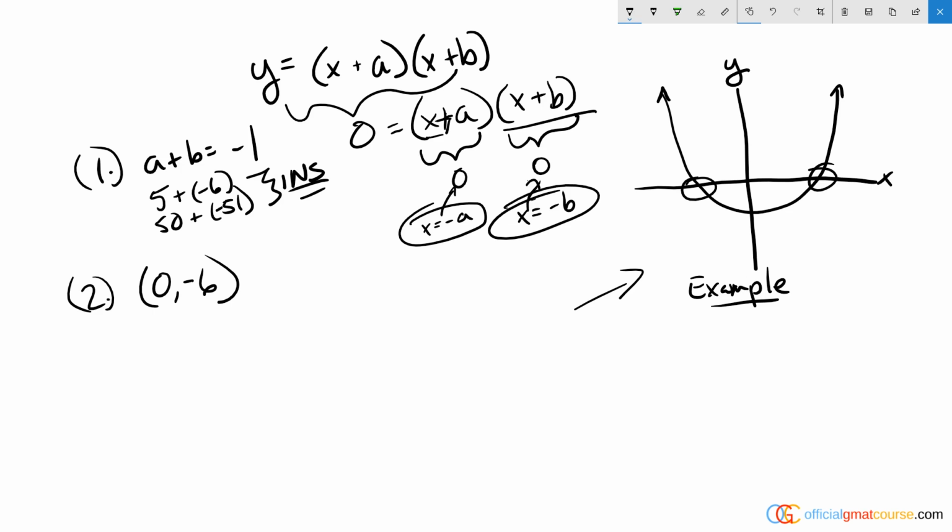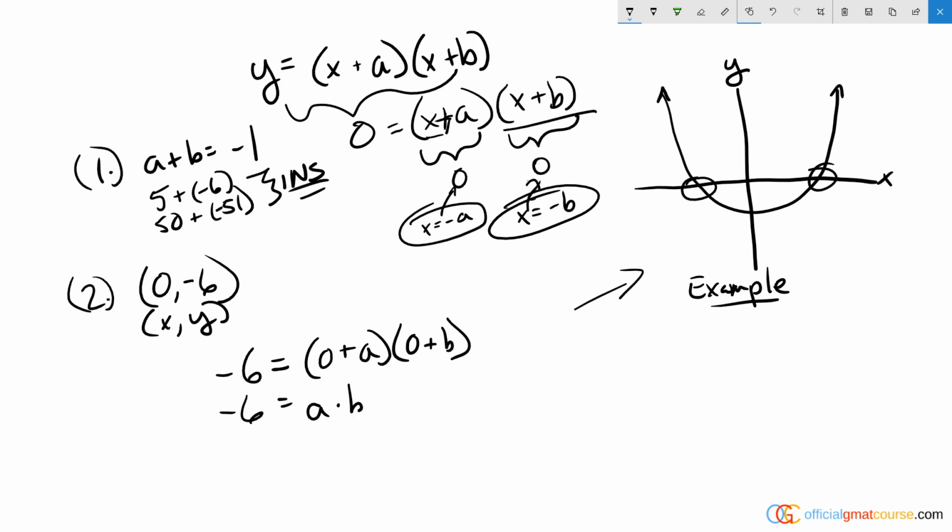Statement 2, I now have a point (x, y) of (0, -6), which means in my original equation, plugging in -6 for y and 0 for x, I find that this means -6 equals a times b.